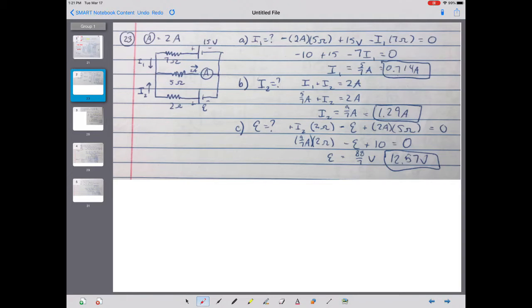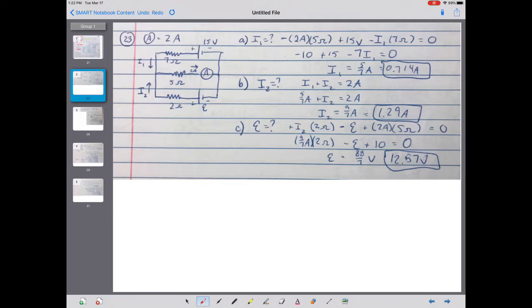Problem number 23. You know in this one that the current going across the center branch through the ammeter is 2 amps. So then we can use the loop rule to solve for I1 and I2. Knowing the center branch current, there's no substitution. It's just a matter of setting up the equation and then solving.